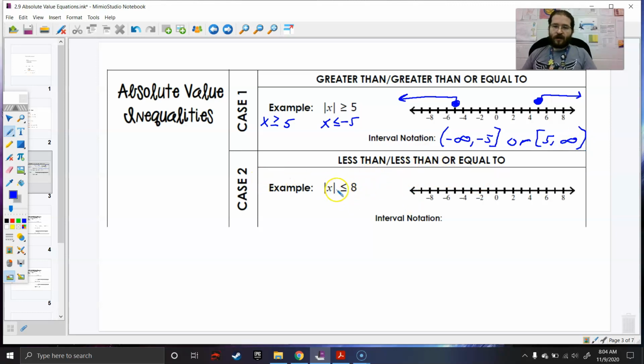All right, so let's take a look at this one. We have our first case, x is less than 8. And then our second one, because we're just going to keep, switch, x is greater than or equal to negative 8. So for less than 8, we're going to make that a closed circle.